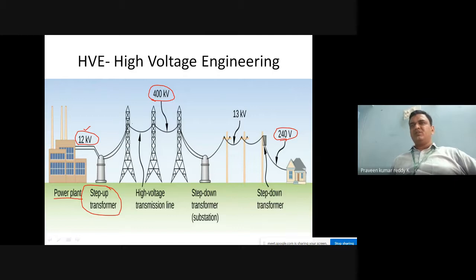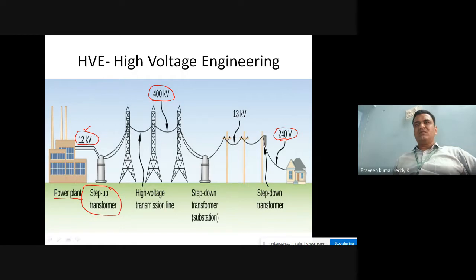So why should we do that? Why can't we just transmit 12 kV as it is and step down at our premises? Why should we step up to very high voltage, transmit that over long distances through overhead transmission lines, and then step down?